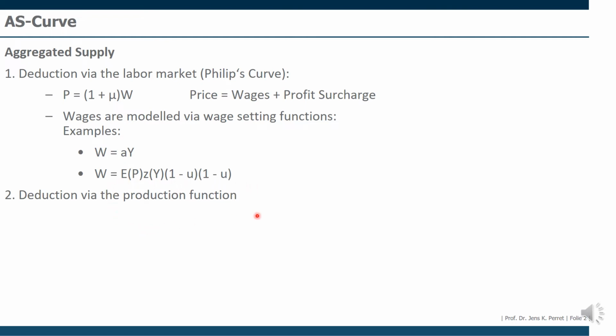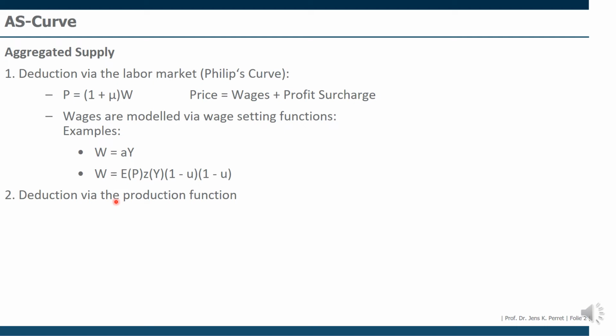So that's how GDP results depending on the price level. So we would have to note down our production function and then solve this for P. Then this would also give us the AS curve.